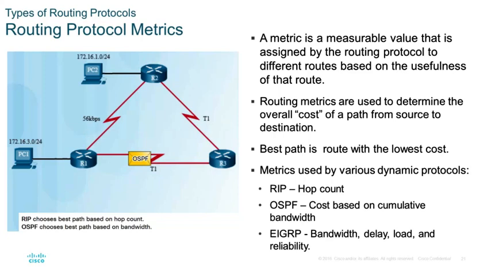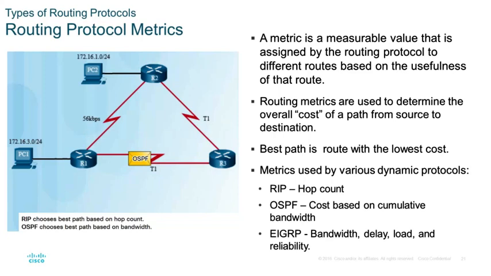RIP utilizes hop count. So in this scenario where it's determining what its best potential path is, PC1, if it's sending traffic up to PC2 in this diagram, it'll send traffic to router 1. Router 1 will look at it and go, okay, what is my best path?